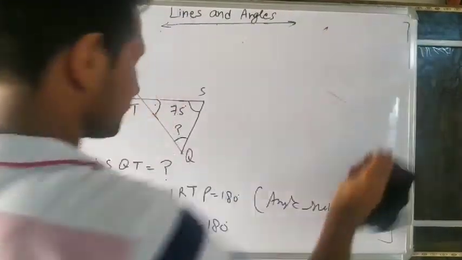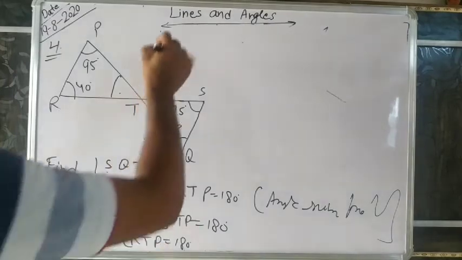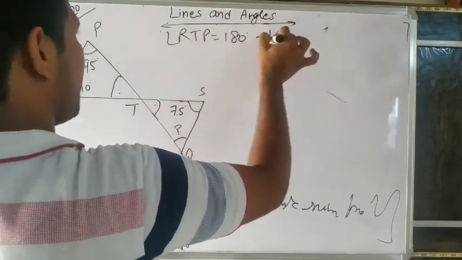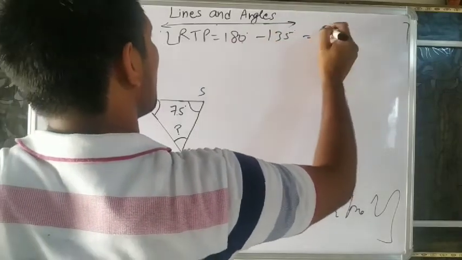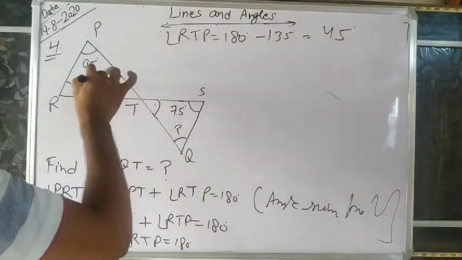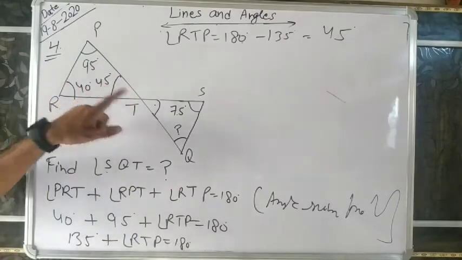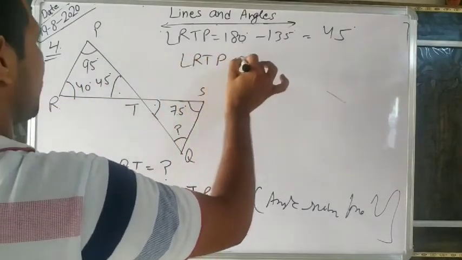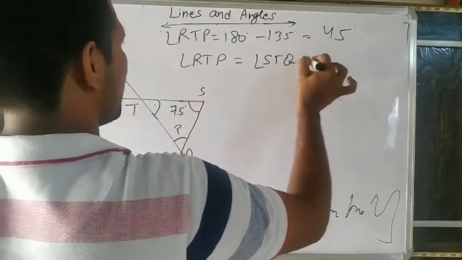So RTP is 180 degrees minus 135. How much? 45 degrees. If it is 45, this one is also 45. So you can write angle RTP equals angle STQ. Why?